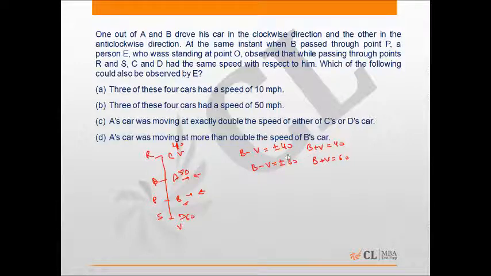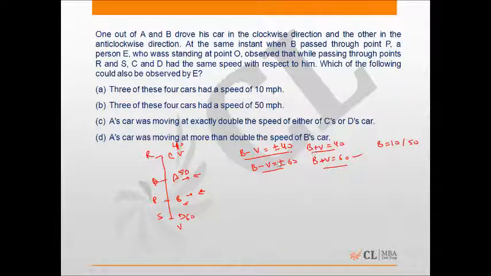So I can take this case and this case, right? If I take this case and this case, B plus V is 60. So if you add these two equations, you get twice of B is either 100 or 20. So B can be 10 or 50, right? And if you take this case and this case, B minus V and B plus V are the same.